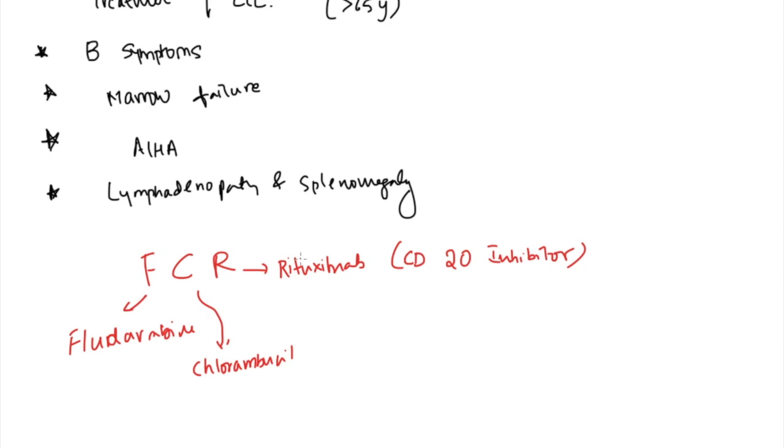Okay, so one new drug that is just to be mentioned here will be alemtuzumab. So basically, you have to remember only three drugs, that is FCR: fludarabine, chlorambucil, and rituximab.